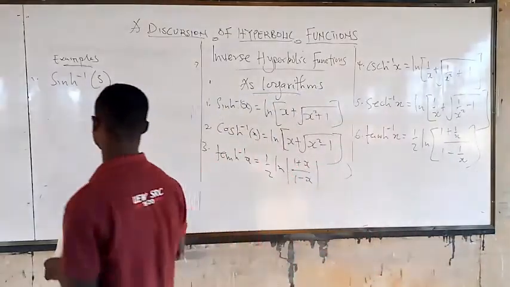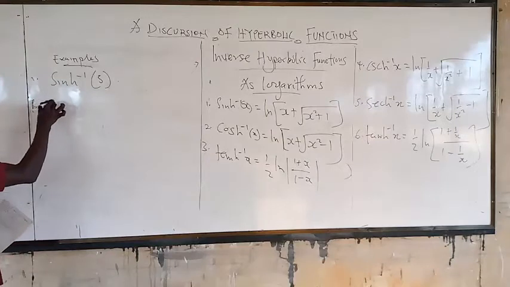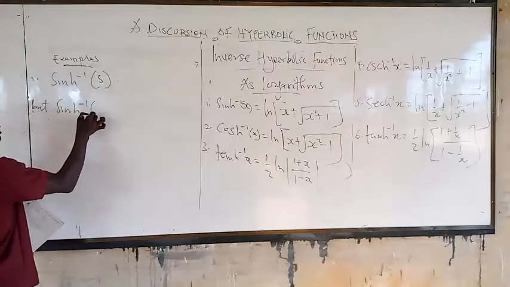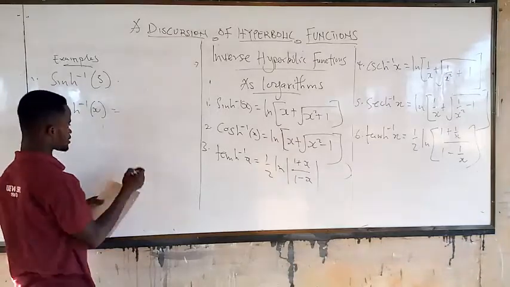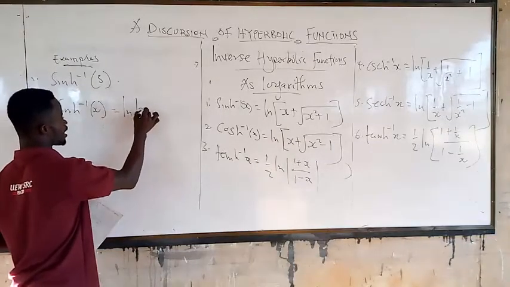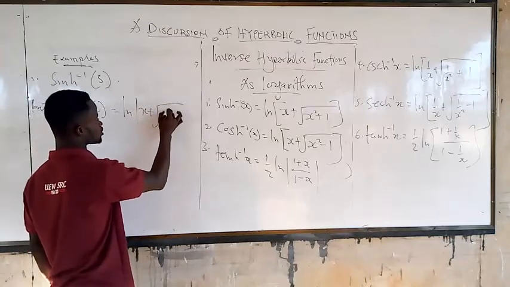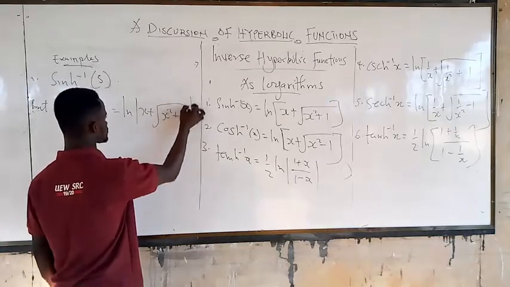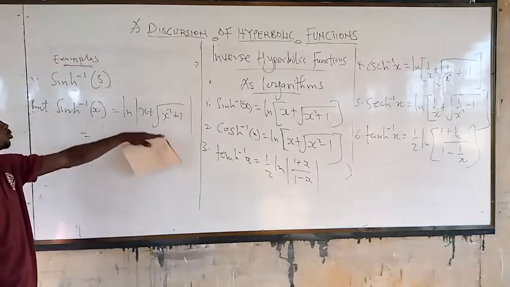But we know that sinh inverse of s, and the s now represented by 3, is ln of s plus square root of s squared plus 1. So wherever you see s here, you put the 3.